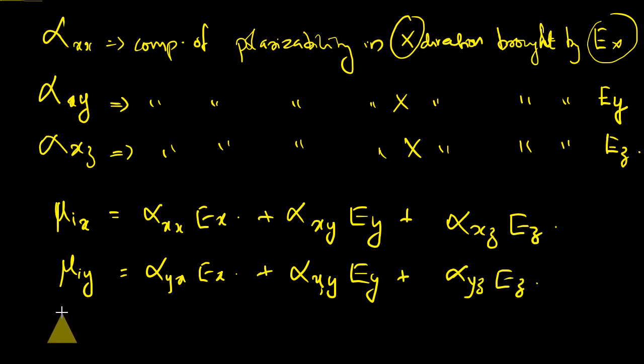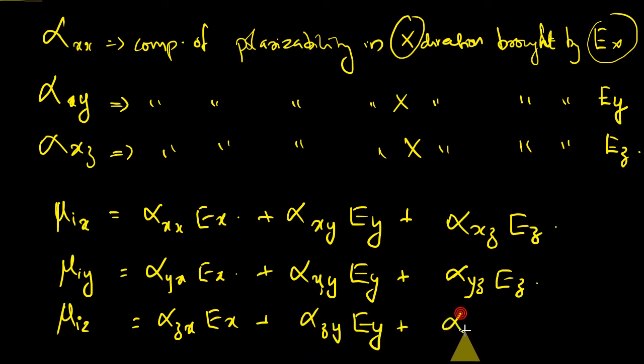And similarly, mu Iz, the component of the induced dipole moment in the z direction, is determined by alpha zx Ex plus alpha zy Ey plus alpha zz Ez.